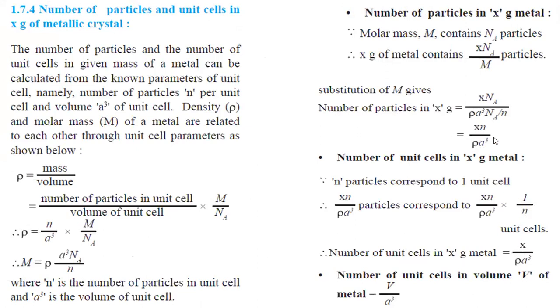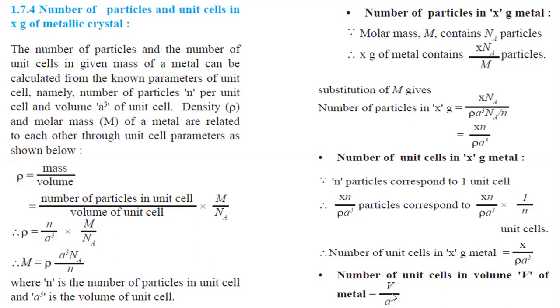Only the difference is n. So if the number of particles is asked, we use this formula, and if the number of unit cells is asked, we use this formula. And there is another formula for the number of unit cells in volume V. If the volume is given, we use V divided by a cube.